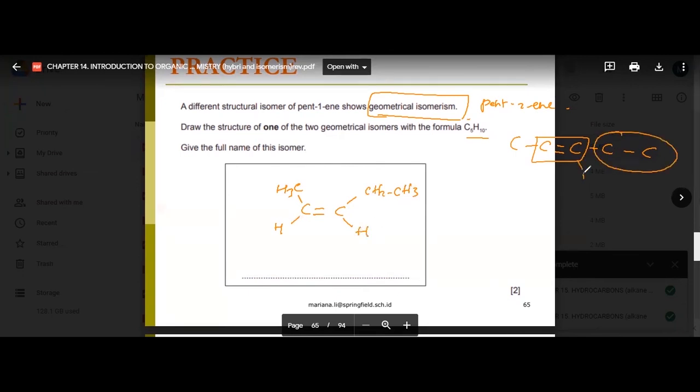So this is H. Like this, this is the cis pent-2-ene, or Z-pent-2-ene. You can also draw the trans form or the E form. But because this question asks for only one, you can choose either to draw the cis or the trans form.